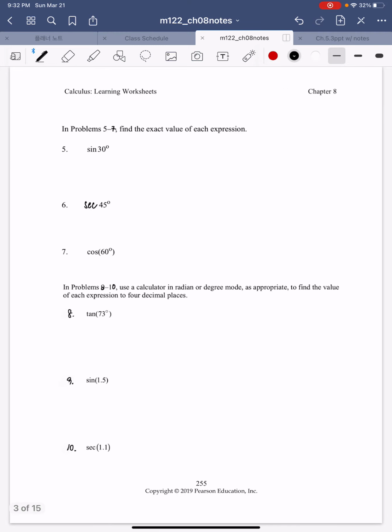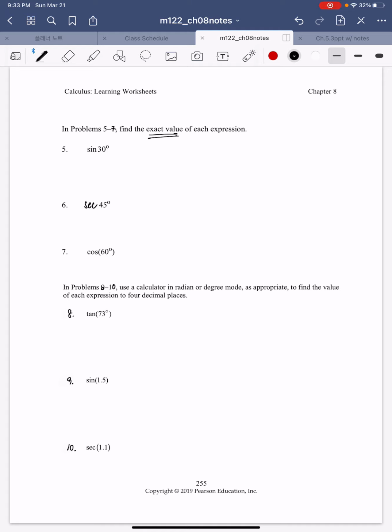Next section, let's find the trig function values. Problems 5 through 7 ask you for an exact value. That means no rounded answer, no decimal answer. You want to leave it in radical form or fraction form.